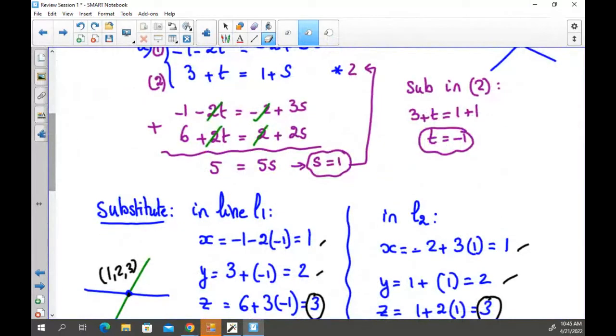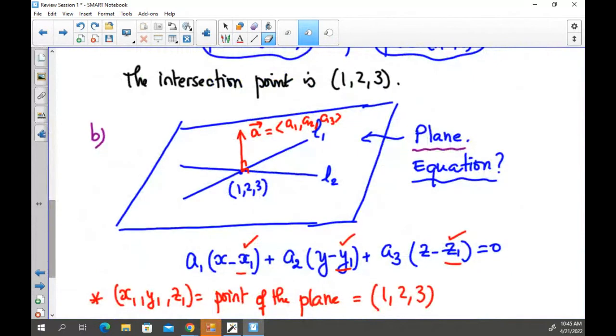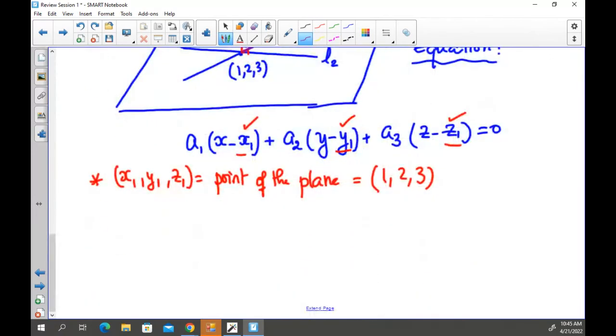We have the equation of the line, yes? The line L1. What is the vector direction of the line L1? Let me call this vector B, say. So the line L1 is in which direction? What is its vector?